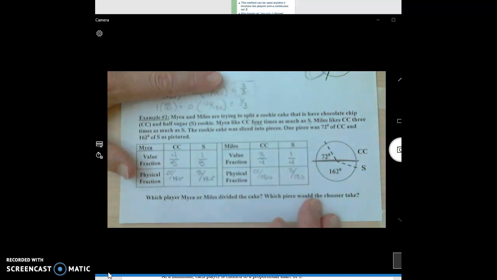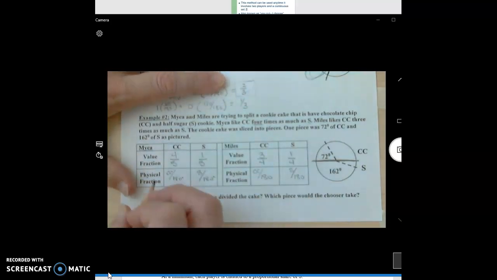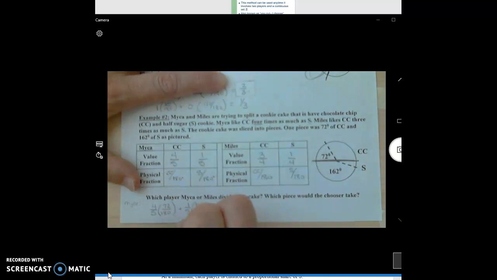So let's do the first one. So let's do Micah. So Micah would be, you got 4/5 times, and the chocolate chip was 72 out of 180 plus 1/5, and then it was 162 out of 180. And when you figure that out, you get 0.5.